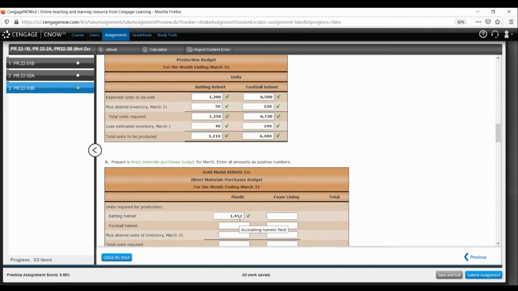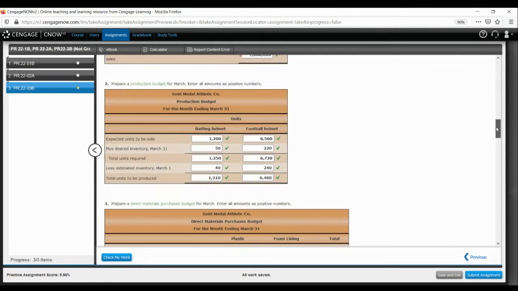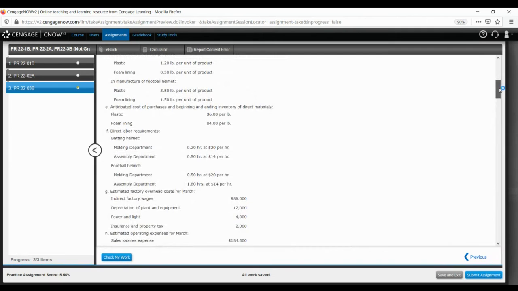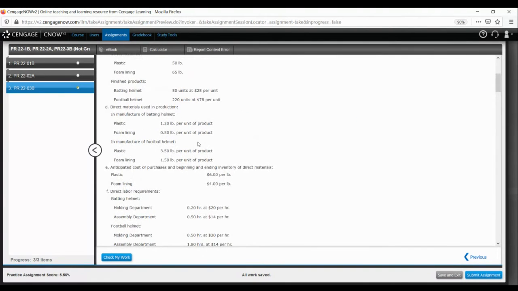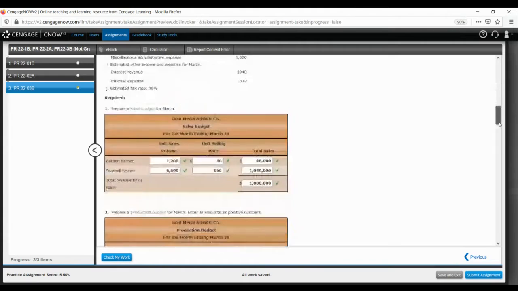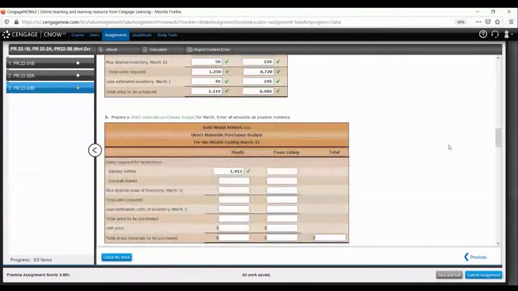Again, I'm getting this amount by multiplying my units to be produced by the amount of plastic it takes to produce 1 unit, which is 1.2 pounds for the batting helmet. That's how I'm getting the figure right here.